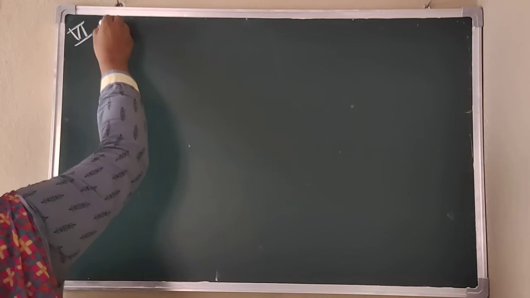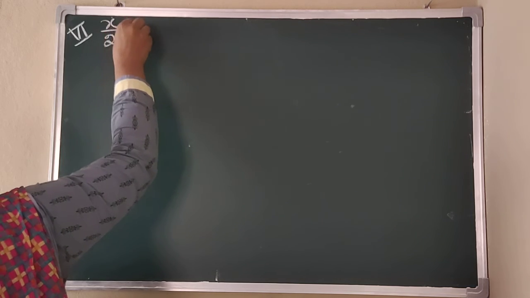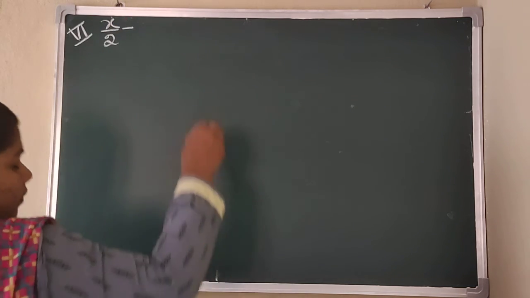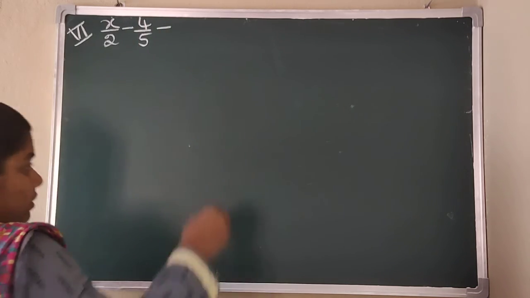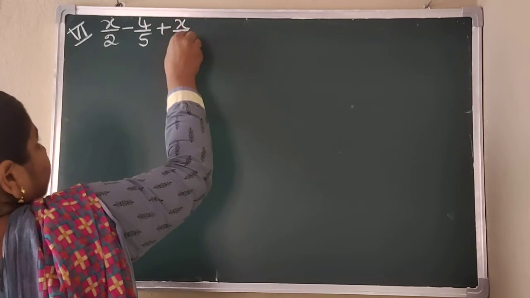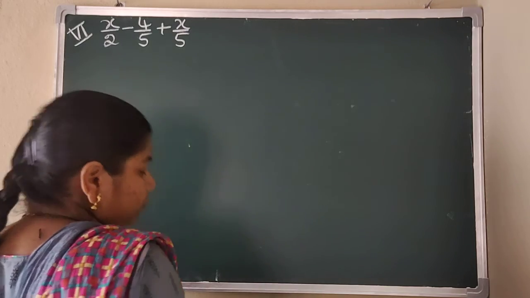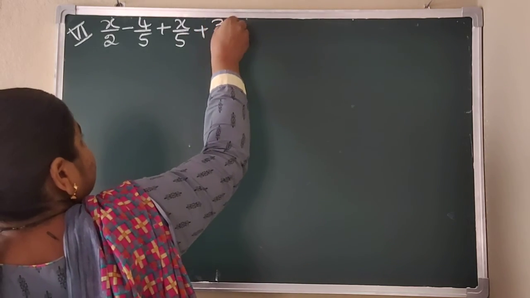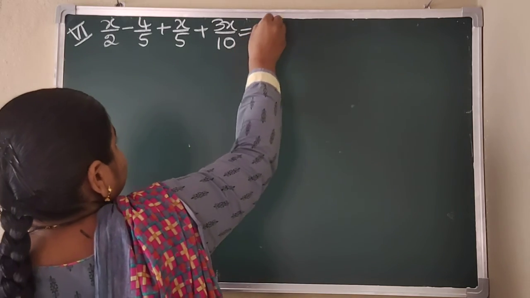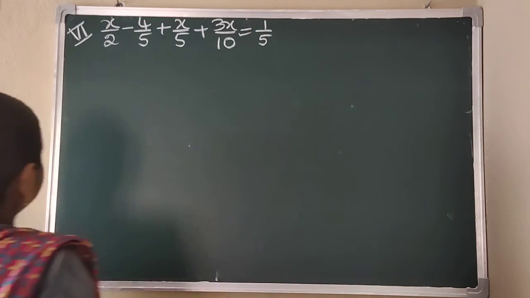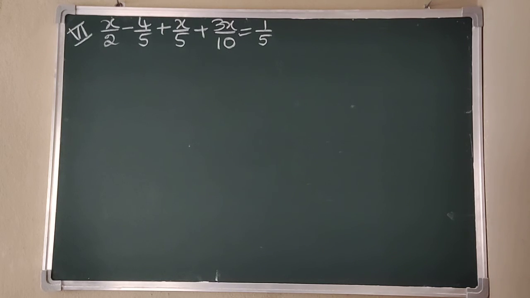x by 2 minus 4 by 5 plus x by 5 plus 3x by 10 is equal to 1 by 5. Okay, so we have to find the x value.